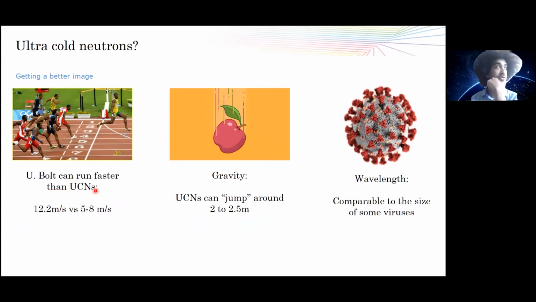Otherwise, just get on your Metro Velo bike and cycle a little bit harder than usual, and you might be able to overtake them, since their speed is 5 to 8 meters per second. And if we look at the gravity interaction, some of them can jump around 2 to 2.5 meters. And in terms of wavelength, it is quite comparable to the size of some viruses that we know. So this was just to give a general image about these ultra-cold neutrons.